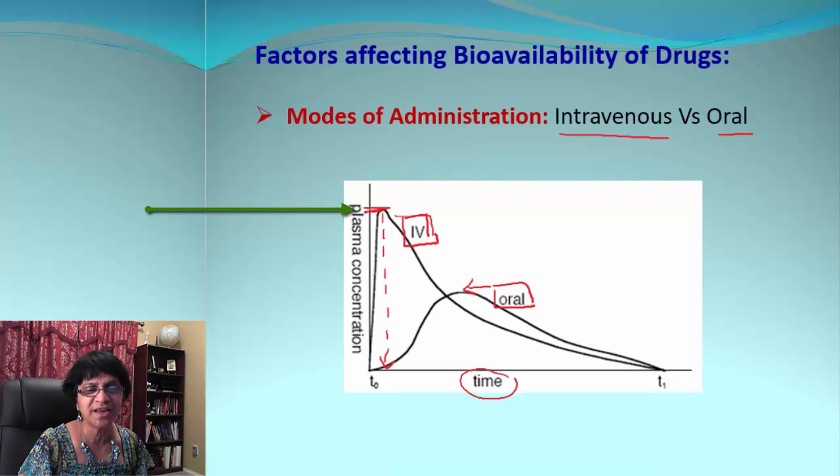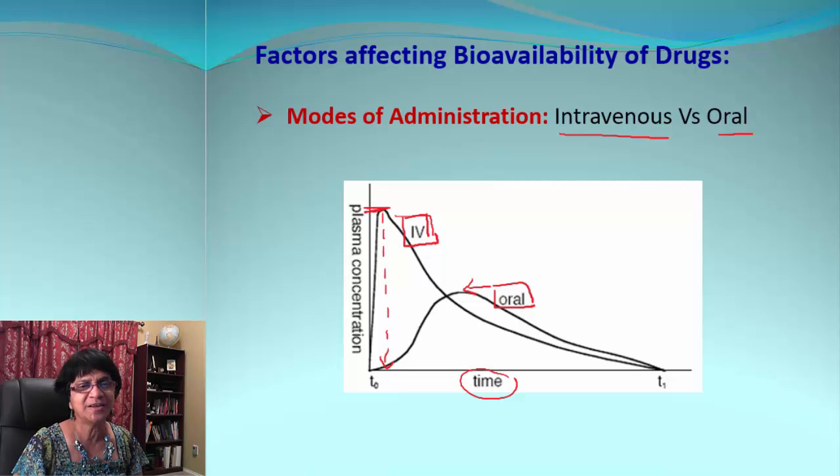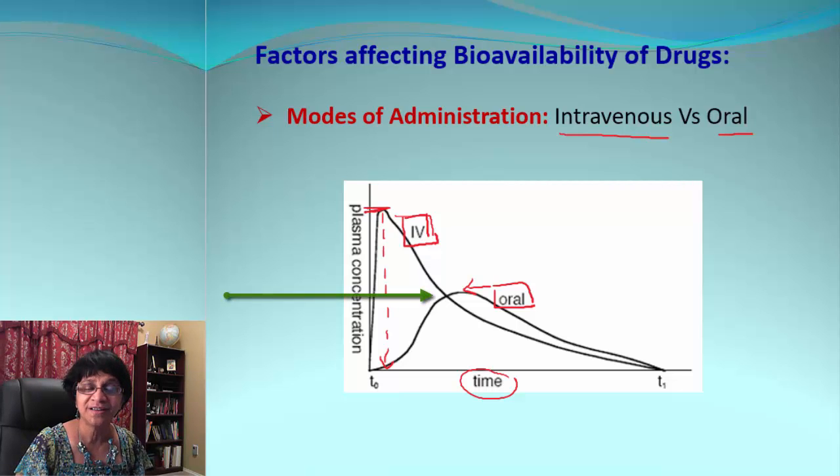Whereas for oral, it takes much longer and the absorption is much lower than that of IV. So obviously, the bioavailability from intravenous administration is 100%, whereas oral administration gives less than 50% bioavailability.